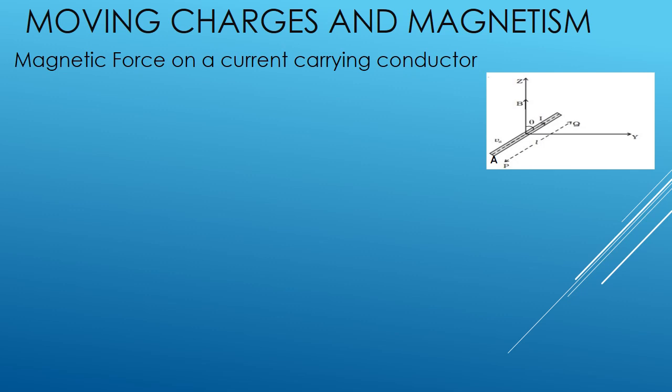In the figure you can see the conductor PQ with the length L and area of cross section A, and I is the current on the conductor.